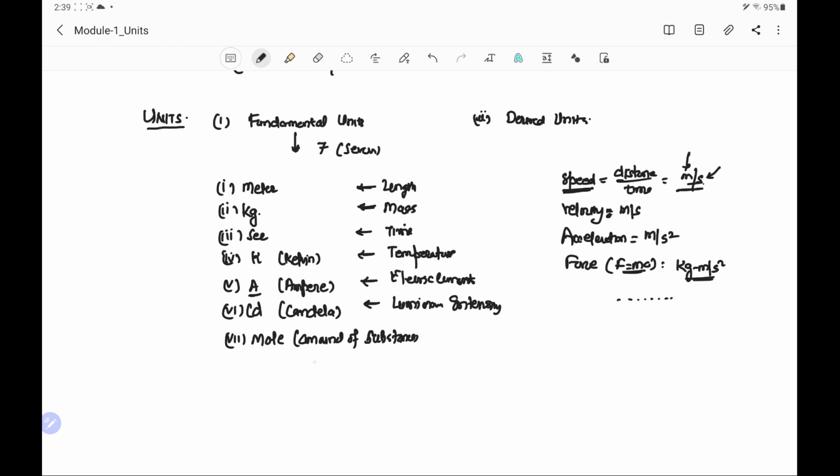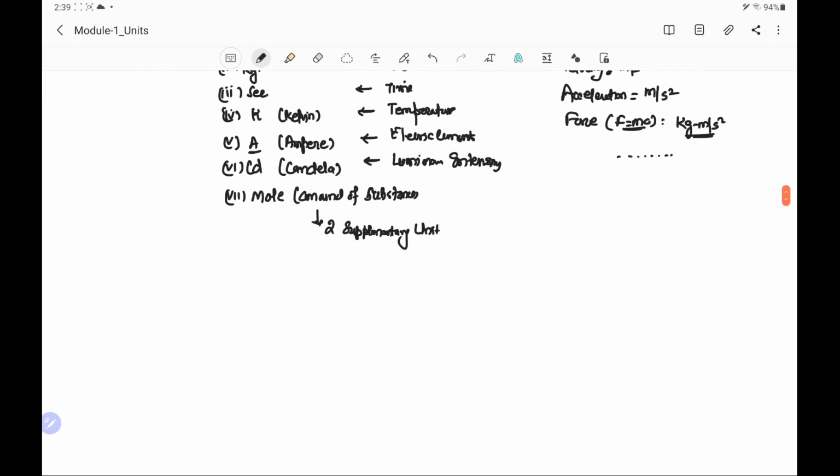Other than 7 fundamental units, there are 2 more units which are called supplementary units. These 2 supplementary units are unit of the plane angle and unit of the solid angle.